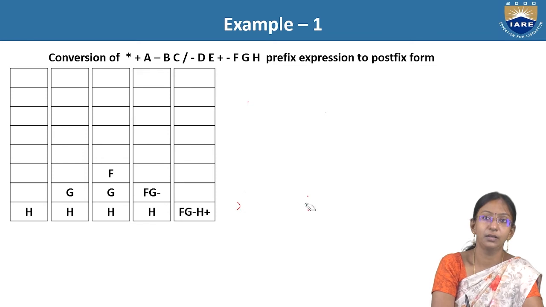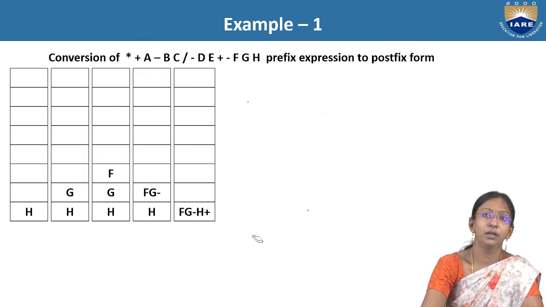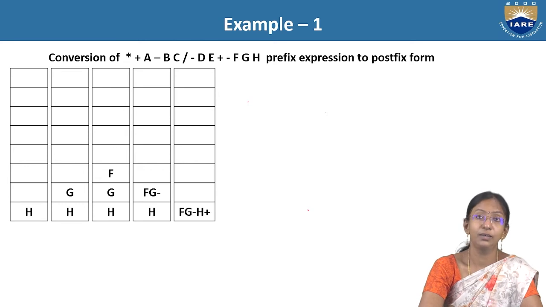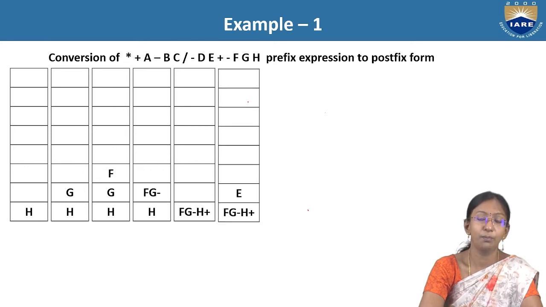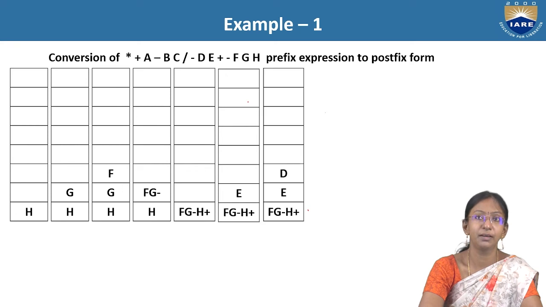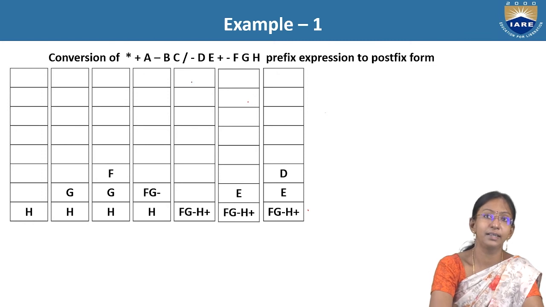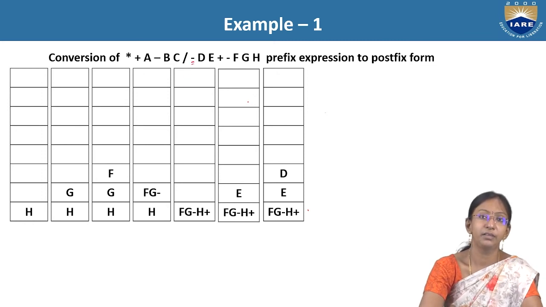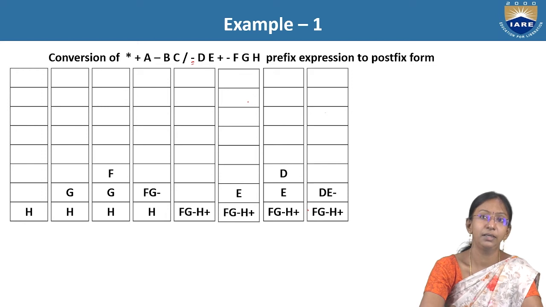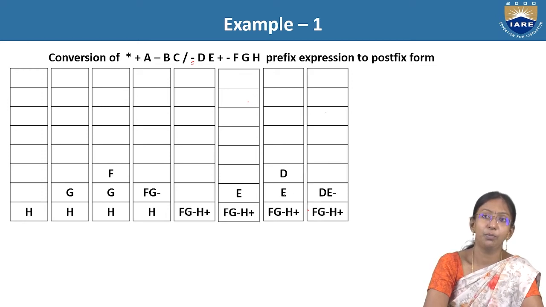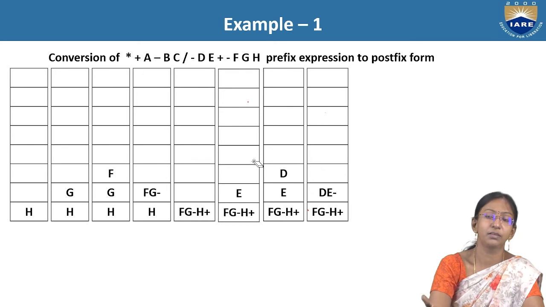Now the next character to be read is E. As it is an operand, push it into the stack. Next is D. Even D is an operand, push it into the stack. Next is the character minus. As it is an operator, pop the elements: D, E, minus. As I pop, this is operand 1, operand 2, concatenated with the operator minus.